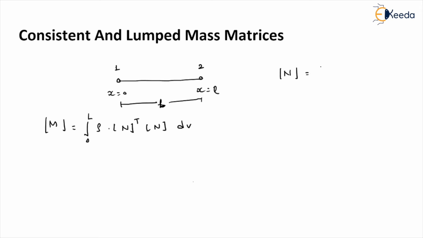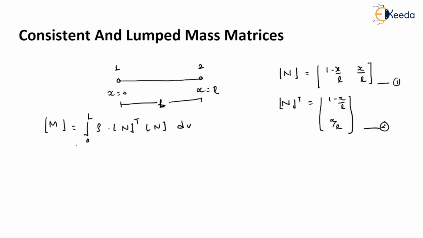So first let's define what is shape function here. So shape function is 1 minus x by L and x by L. Now if we do the transpose of this, the row will be converted into column. So 1 minus x by L and x by L. So putting these two values into our equation, mass matrix will be integration 0 to L, rho is common.